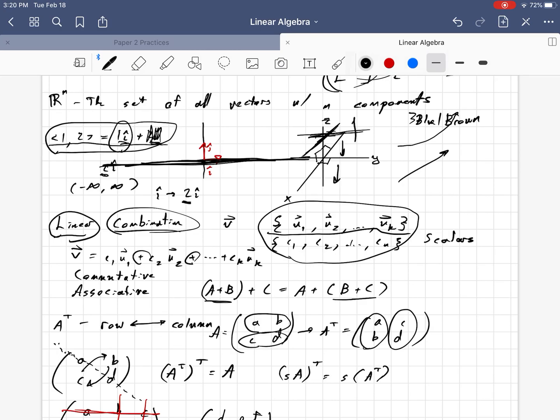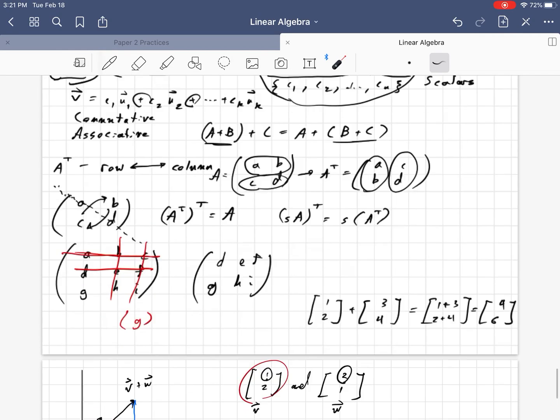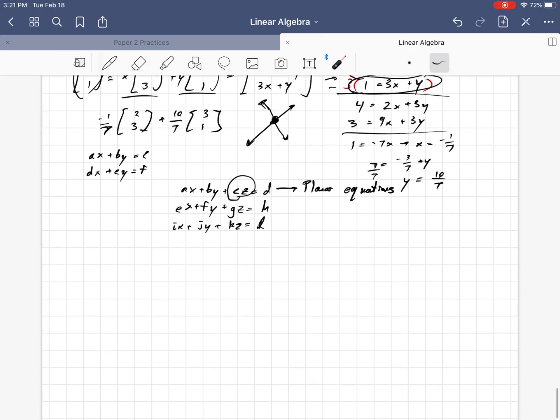It would go up and down like this. We have a line here, and then if it moves up and down, then it creates a whole plane, right?